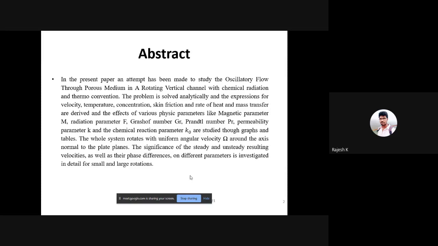The whole system rotates with a uniform angular velocity about an axis normal to the plate planes. The significance of the steady and unsteady resulting velocities, as well as the phase difference, on different parameters is investigated in detail for small and large rotations.